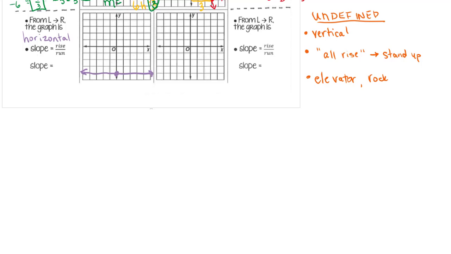If any of you are into rock climbing, you would maybe encounter some undefined slopes there. If, again, relating it back to roller coasters, if you've ever been on like the Tower of Terror or any kind of drop line, something like that, where it just goes up and down and that's all it does, that's undefined slope.